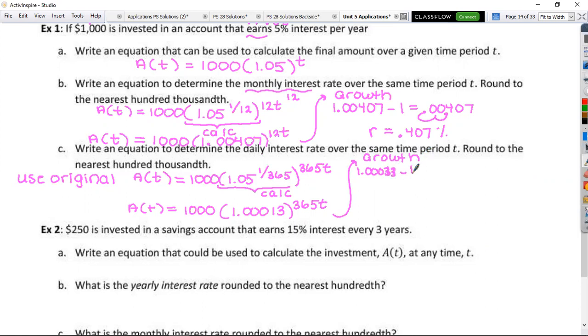So minus the 1, I get 0.00013. And then again, I move my decimal 2 places. So very, very tiny. So this is R is equal to 0.013% growth. Okay. How's that one, okay?